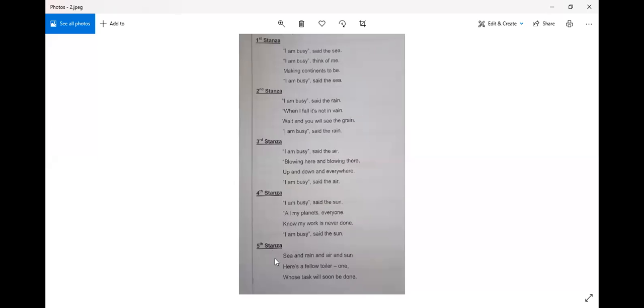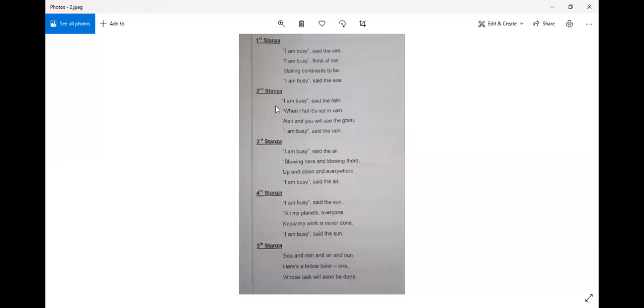Number 5, sea and rain and air and sun. Here is a fellow toiler, one, whose task will soon be done. As we can see, guys, before we move to everything and explain and paraphrase and get the figures of speech, can you see here the first stanza? Who is speaking here, guys? The speaker here should be the sea.